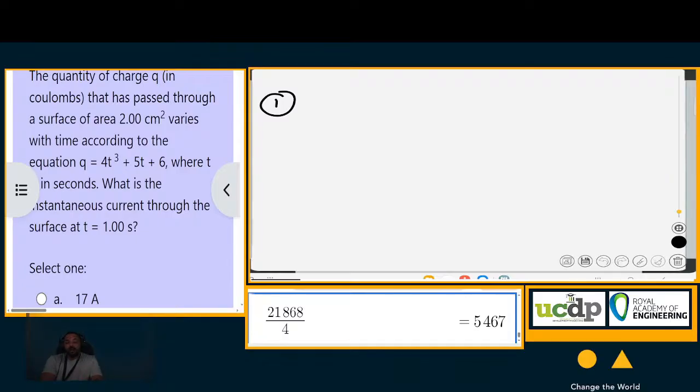It varies according to this formula, which says charge is equal to 4 times the time cubed plus 5 times the time plus 6.